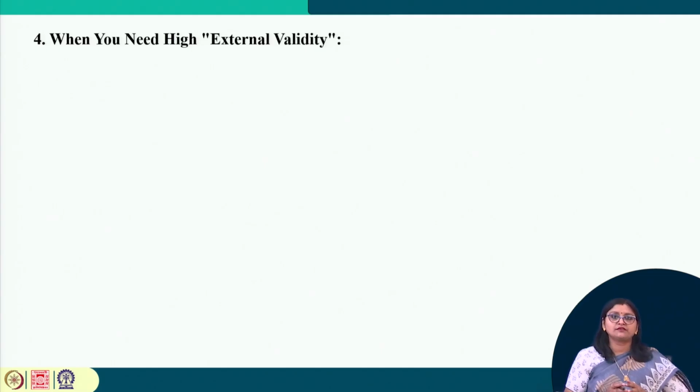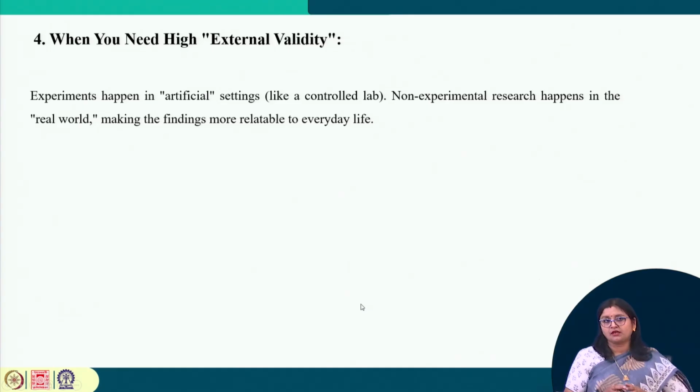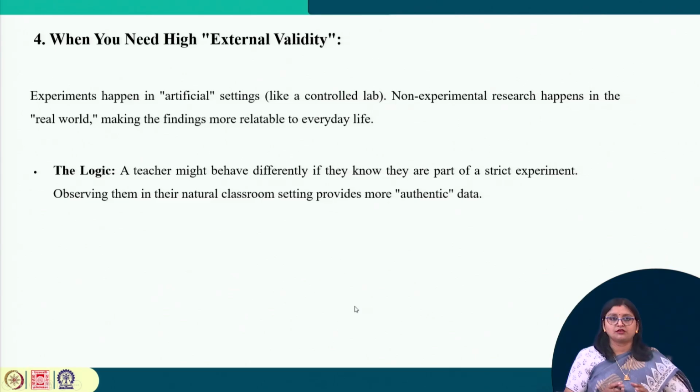Then the fourth one is when you need high external validity. Experiments happen in artificial settings like a controlled or lab situation. Non-experimental research happens in the real world, in real situations, making the findings more relatable to everyday life. The logic behind this is that a teacher might behave differently if they know they are part of a strict experiment.